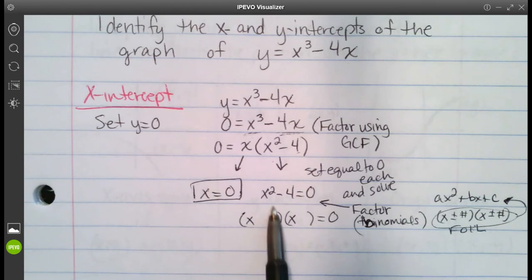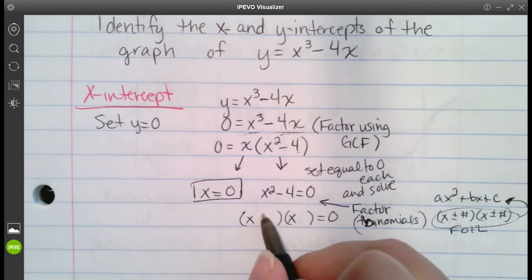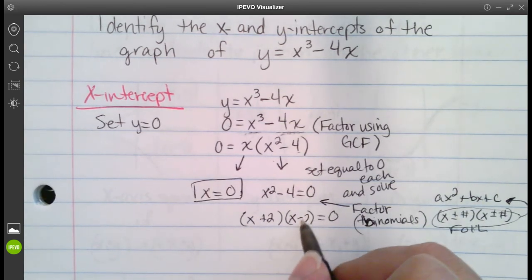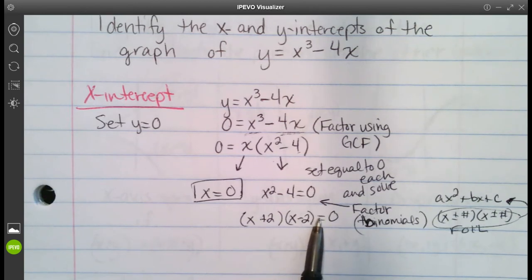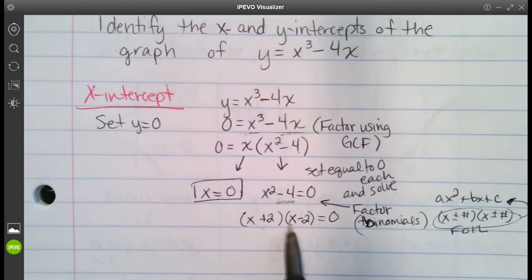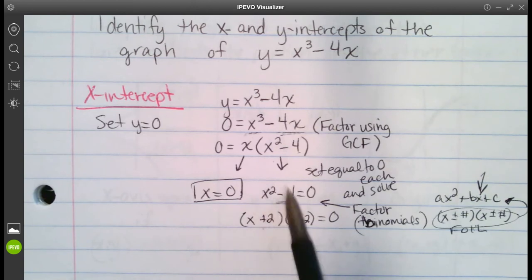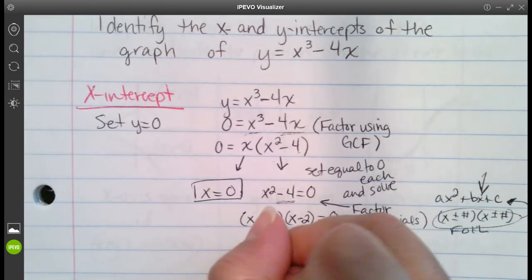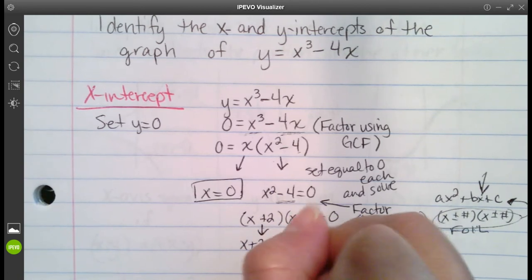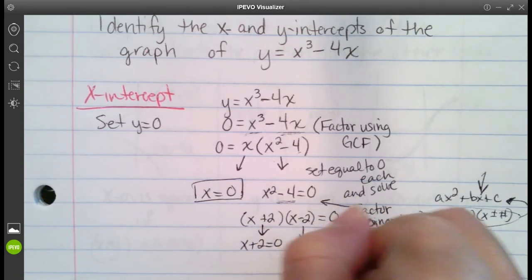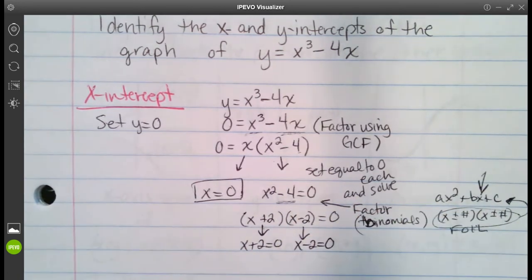Okay. But as it turns out, this one is going to be positive 2 and negative 2 because 2 times negative 2 is going to give me that negative 4. And if I add 2x and negative 2x, it gives me 0, which gives us that middle term right here. And that's why you don't see any middle term here. Okay. So from here, we set each of these equal to 0 and we solve.